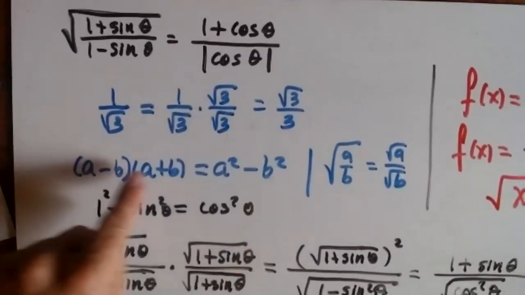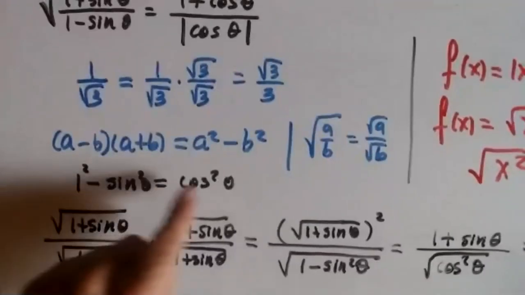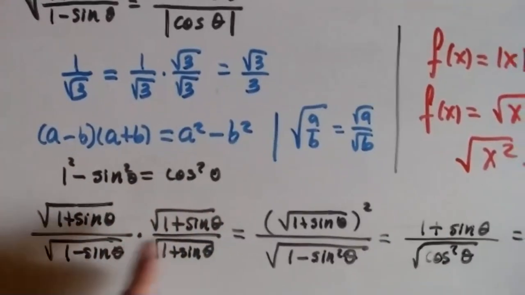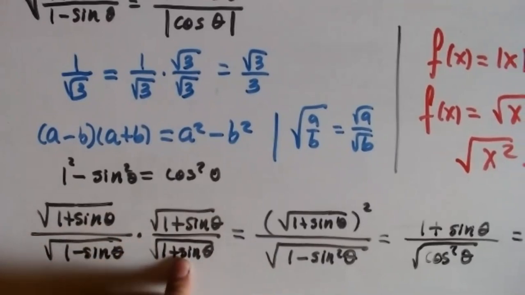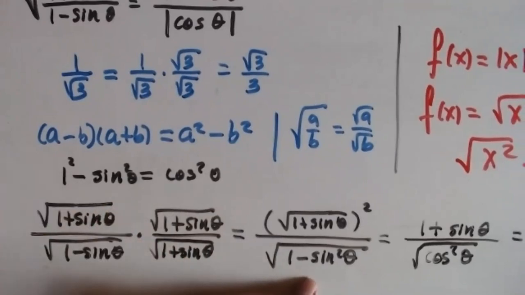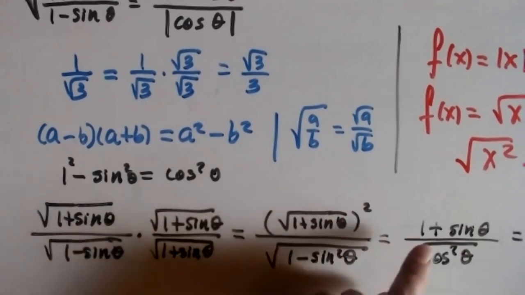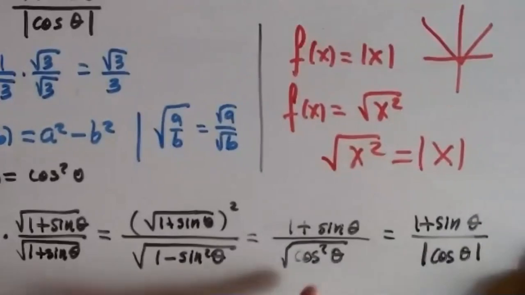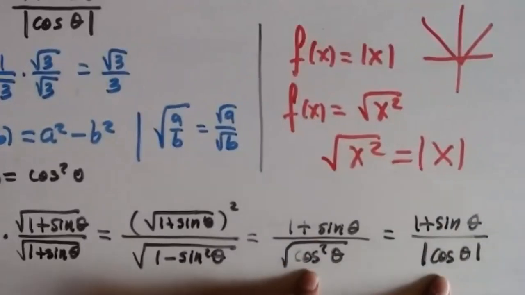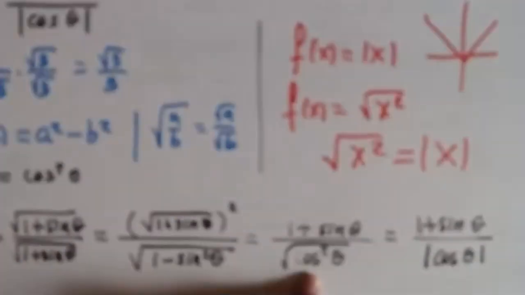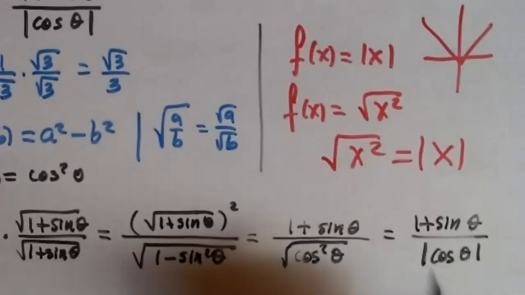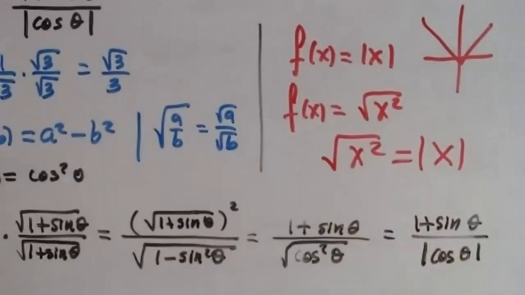Algebra 2, algebra 1, trigonometry, and multiplying by the conjugate, negative and positive, to get this one. Once I have this, I use trigonometry to change it. This square root is a square. And at the end, I get the absolute value of the cosine, because the absolute value of a function is the square root of x squared.